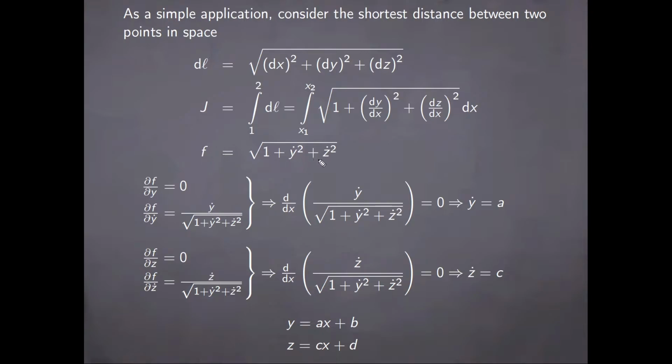So this is the functional which interests us, and if we apply the Euler-Lagrange equations to each coordinate, it follows trivially that both y and z need to be linear functions in the parameter x, and as such, the shortest distance between 2 points in space is a straight line.